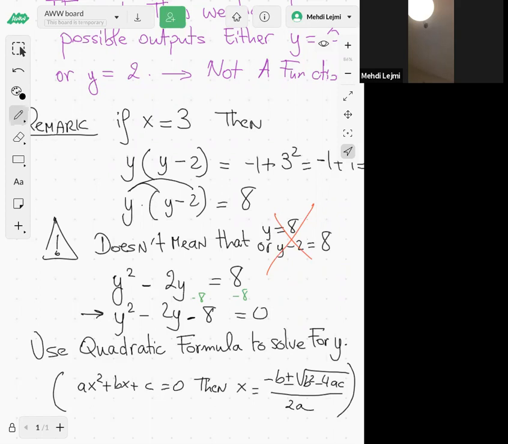You can apply this quadratic formula to solve for y here. But anyway, because of this plus or minus in the solution of the quadratic formula, you're going to end up with two possible solutions. So you're going to have two possible outputs. And so again, it's not a function.